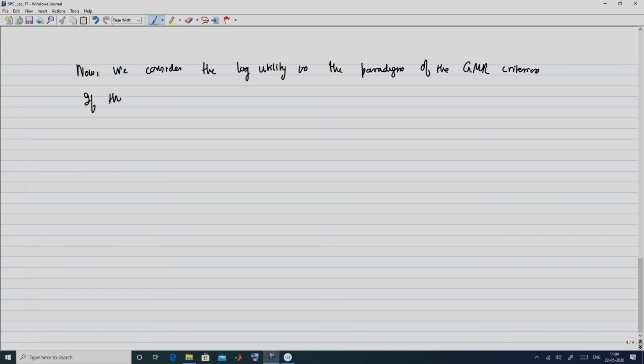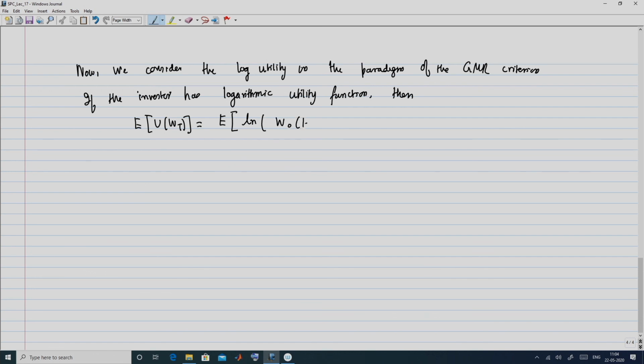So, if the investor has a logarithmic utility function, then expected utility of W t is going to be the expected utility of natural log of W t, which is W naught into 1 plus R 1 into 1 plus R 2 all the way to 1 plus R t.